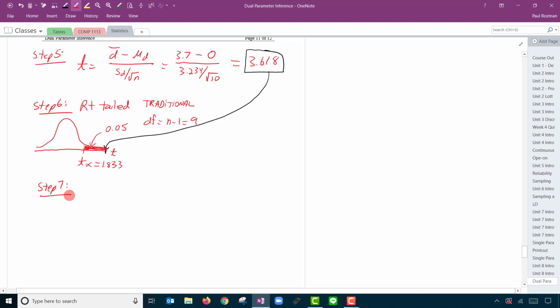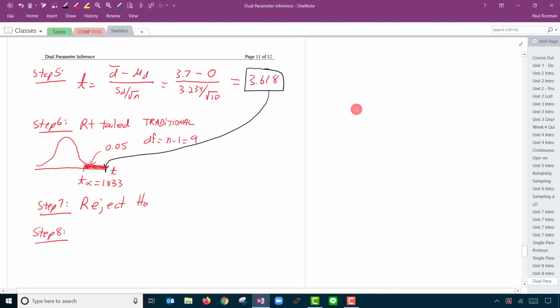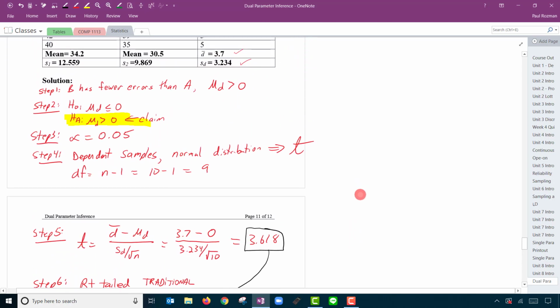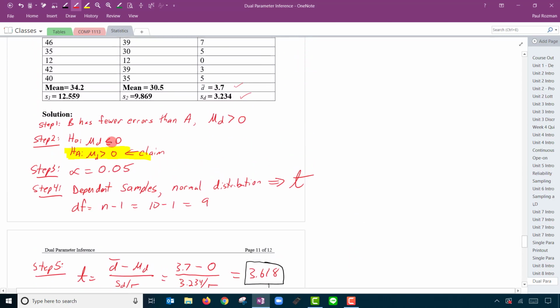Step 7, we will reject the null hypothesis. So it was pretty weird. It was weirder than I thought. And then step 8 is our conclusion. We just need to figure out what it means to reject the null hypothesis. So I'm going back to my setup here. Rejecting the null hypothesis means I am supporting the claim.